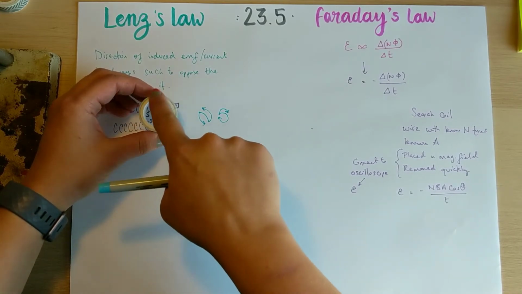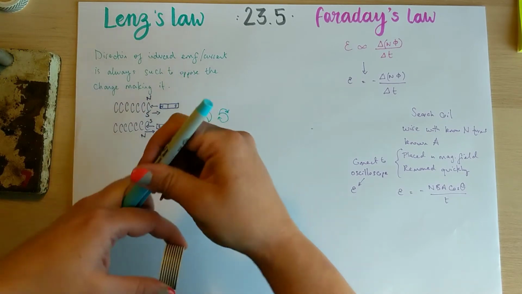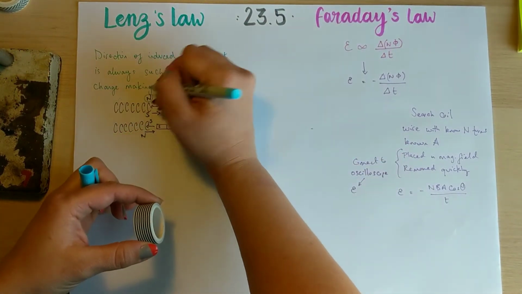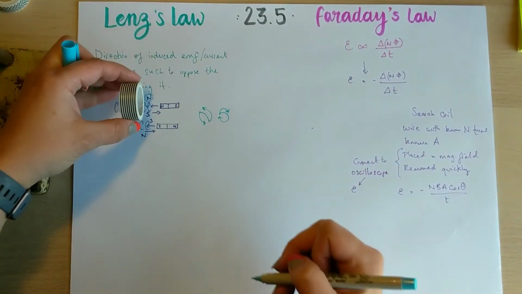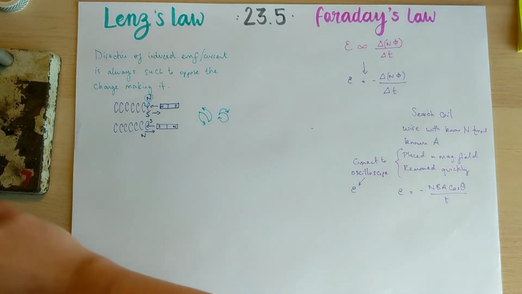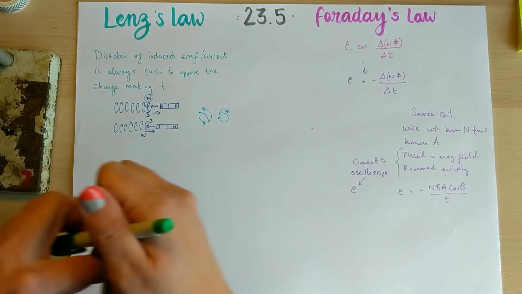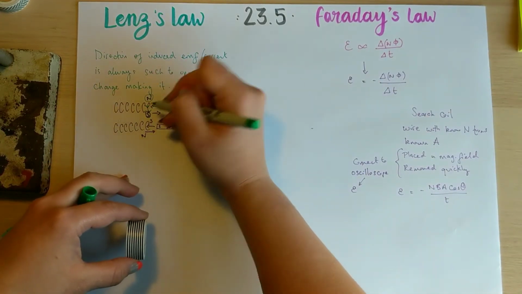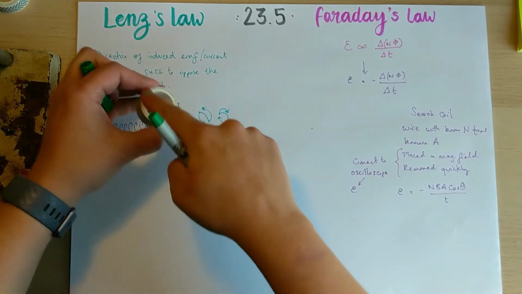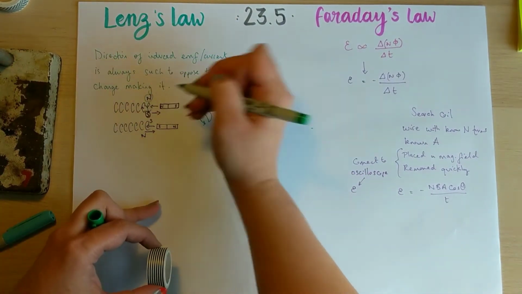Whereas if we made it south, then it would be going clockwise, which would mean that it would be coming up and over like so.